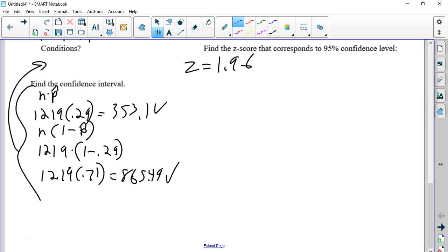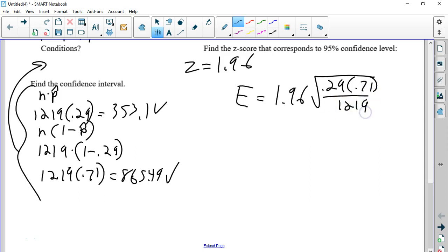First we're going to find our big E, our margin of error. And that's going to be our z-score times the square root of p hat times 1 minus p hat over 1219. And that works out to be 0.025.